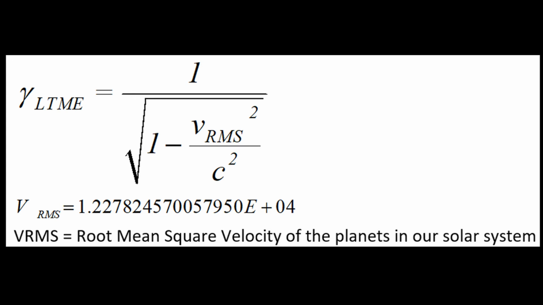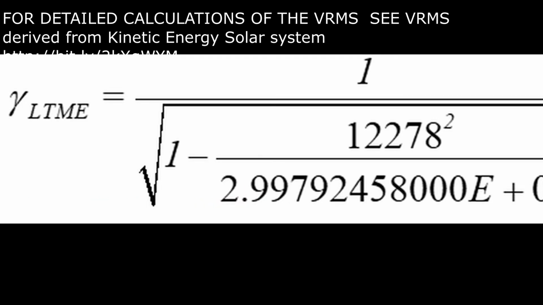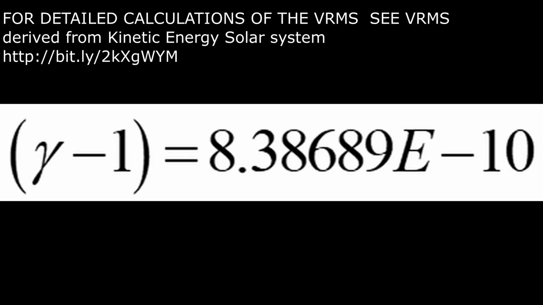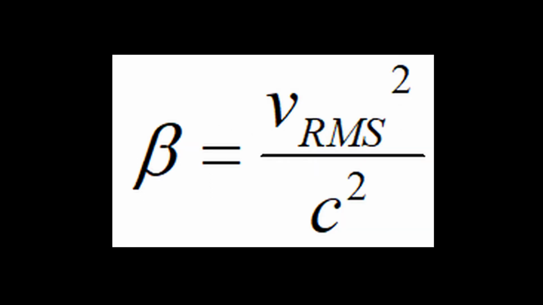With some basic algebra we can derive what exactly the velocity must be in the beta factor of the LTME. That value is 12.3 km per second. To be exact, it's 12,278 meters per second. We may postulate that the Vrms of the solar system is equal to the Vrms in the beta factor.